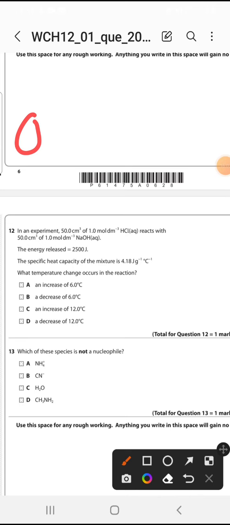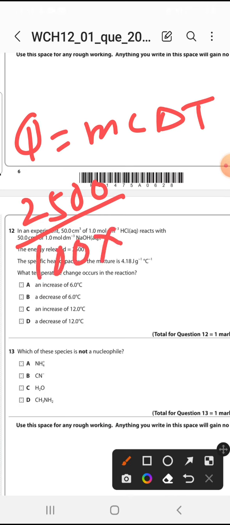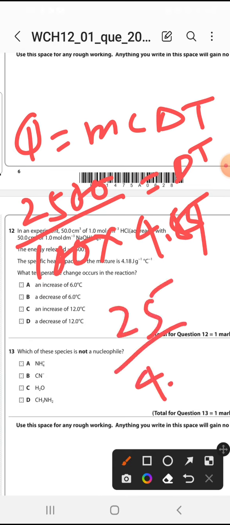You know the equation Q equals mc delta T, and Q is 2500 joules. Divide by the mass, 50 and 50, total 100, and c is given as 4.18. They are asking for delta T, so I make delta T the subject. When you divide 25 by 4.18, the answer is around 6.